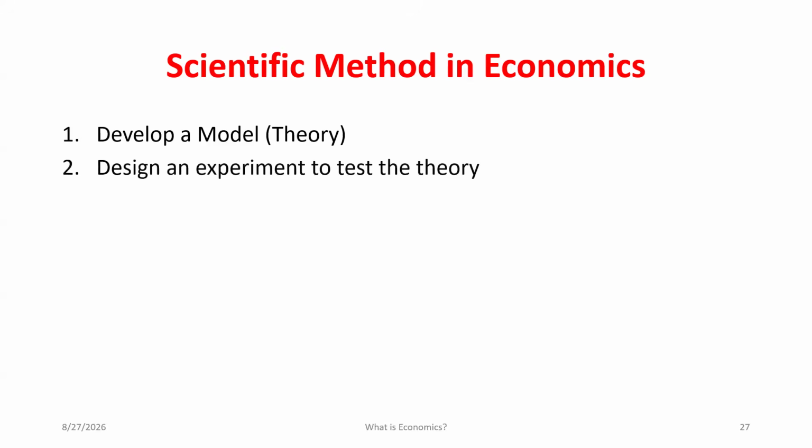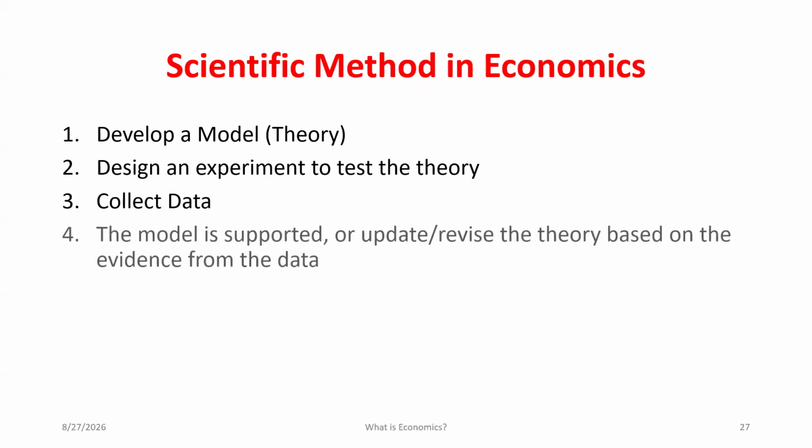We then go out and run an experiment, just like you would in chemistry. We observe the outcome. In economics, that typically means we're collecting data, and the experiment is just people living their lives and firms making their production decisions. We look at the data after these natural experiments happen, just from people and firms existing. We then take that data and ask, does it line up with our theory?